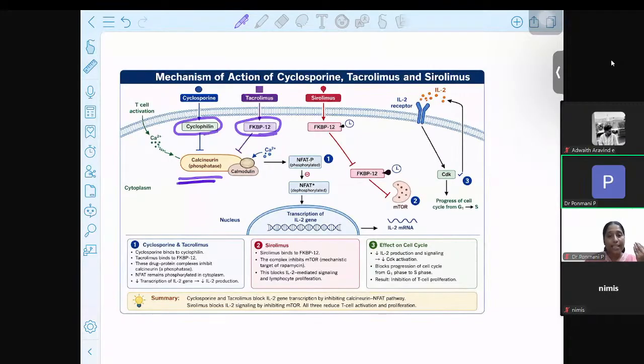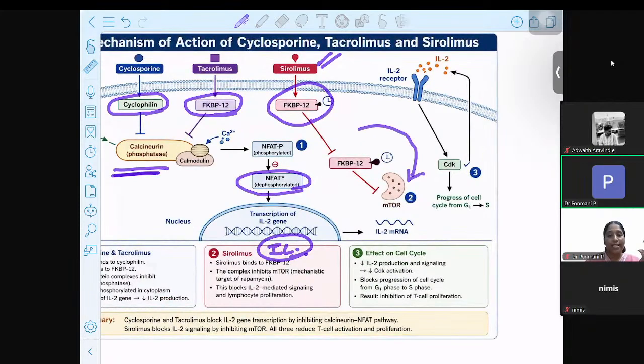And when calcineurin is inhibited, NFAT will not get dephosphorylated, and there won't be interleukins generated. Whereas sirolimus is an mTOR inhibitor. It also binds to FKBP12, but instead of inhibiting calcineurin, it inhibits mTOR.